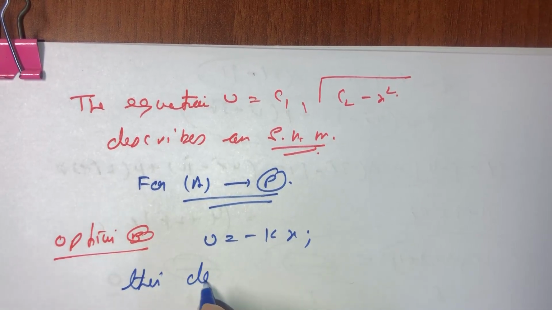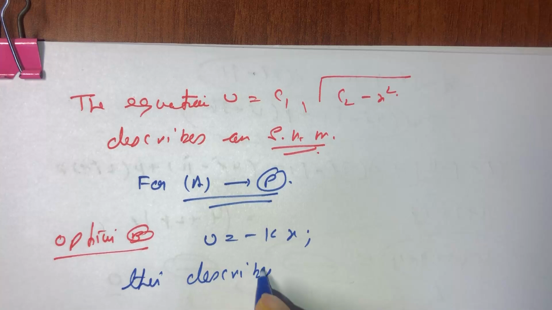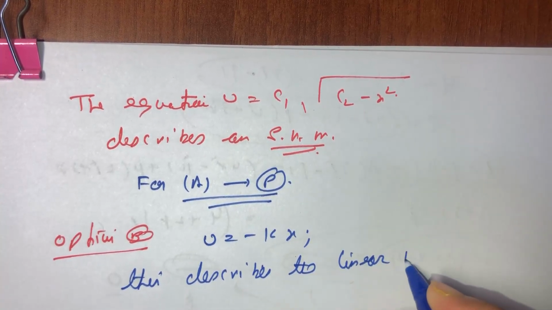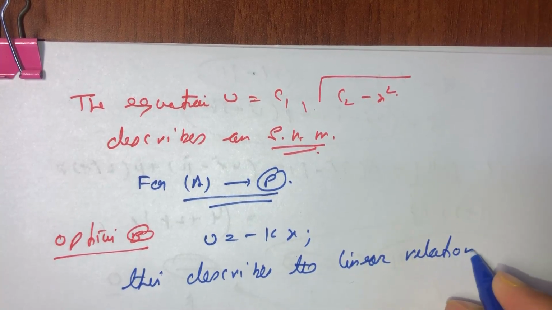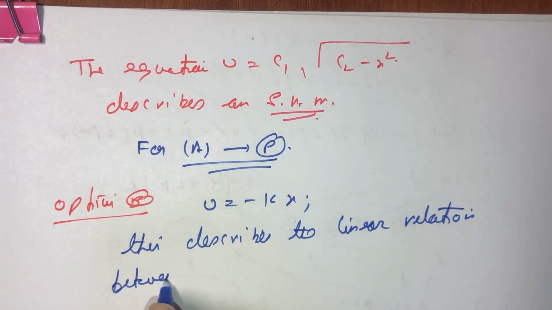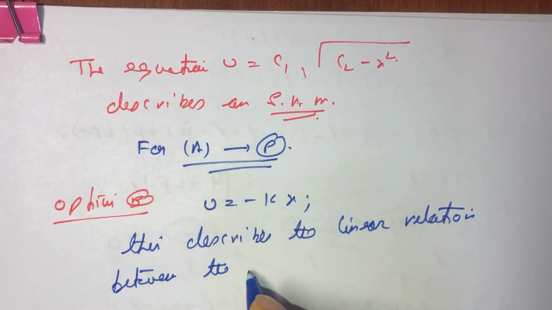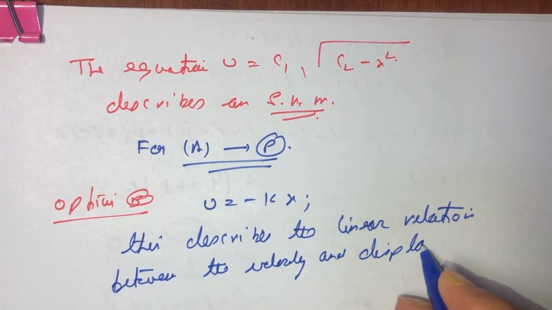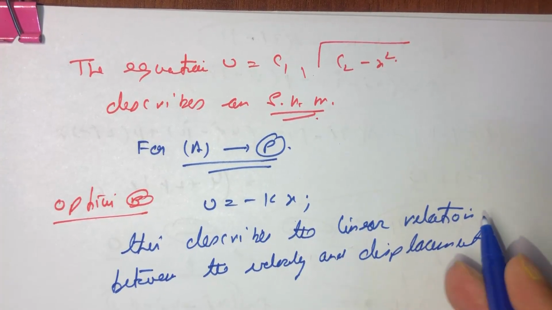This describes the linear relation between the velocity and displacement from the origin.